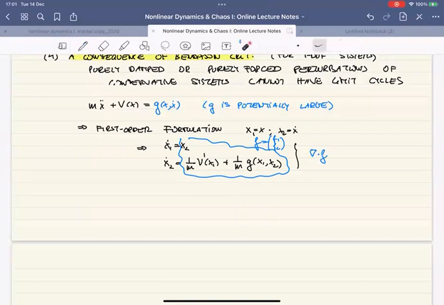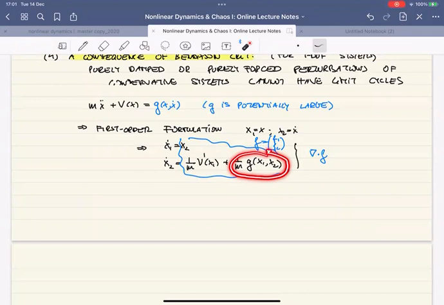So then the divergence of the right-hand side will be what? Well, I have to take the first component differentiated with respect to x1, but that's 0. Then I have to take the second component and differentiate with respect to x2. So the potential part gives me 0 because it doesn't depend on x2. And I only get non-zero if g depends on x2, which means that I have a dependence on velocities.